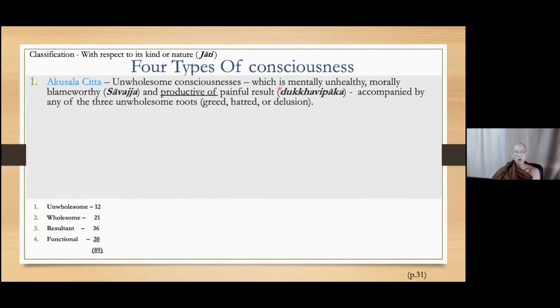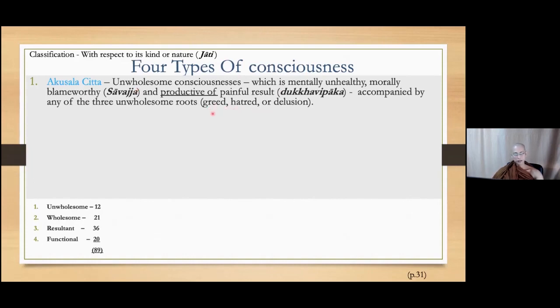This is unwholesome. So unwholesome consciousness is always accompanied by any of the three unwholesome roots. Here, the unwholesome roots are three: greed, hatred, or delusion. These three will not come at the same time, but you can find any of them. So unwholesome consciousness has these roots.